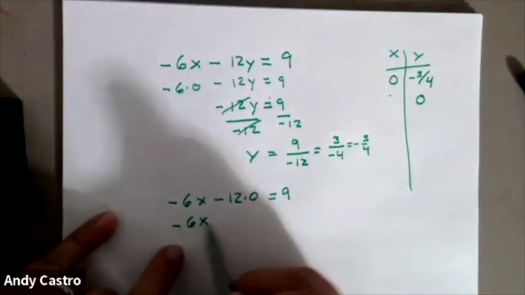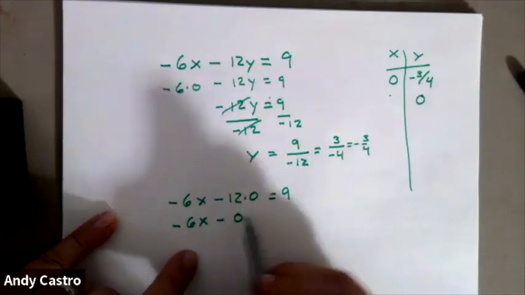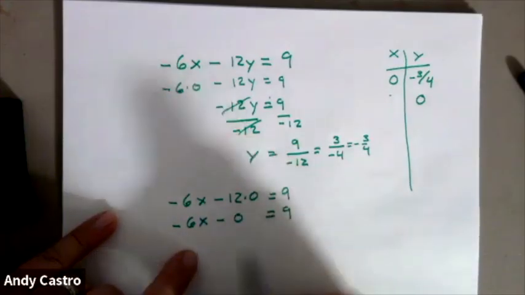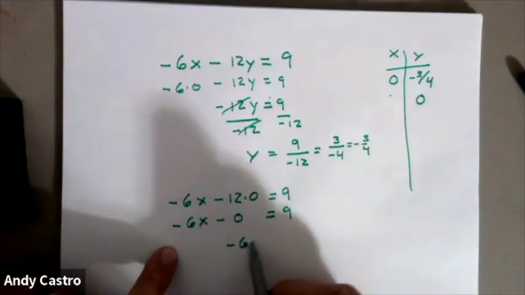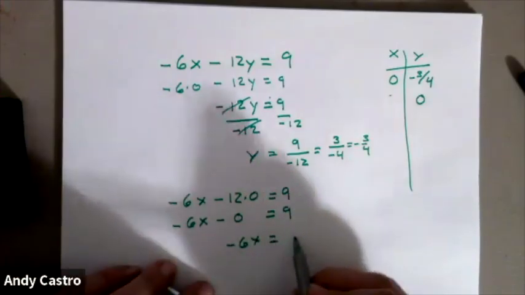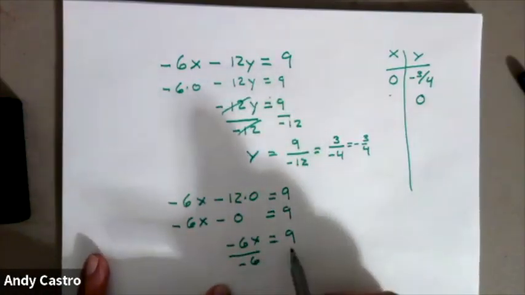Negative 6x minus 12 times 0, so that's just 0, is equal to 9. Negative 6x minus 0 is equal to 9. That's just negative 6x.